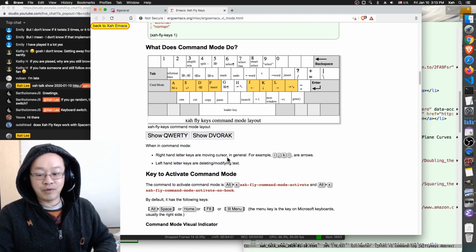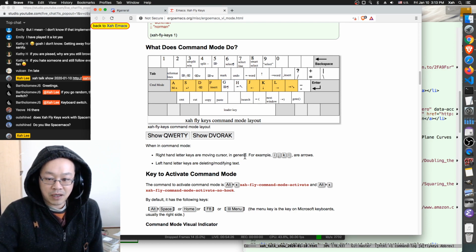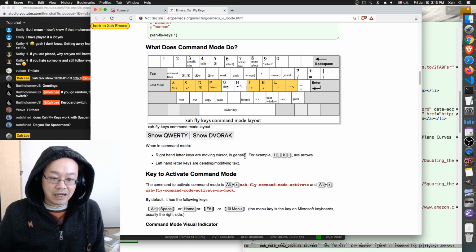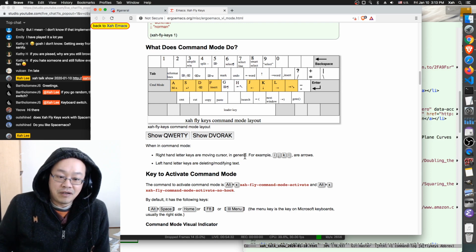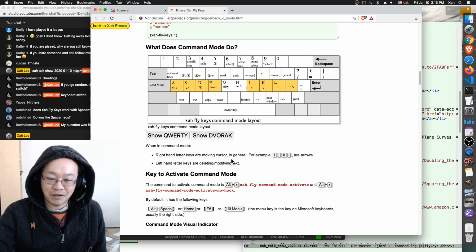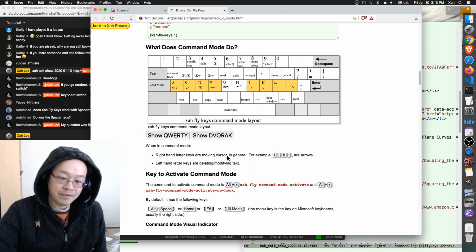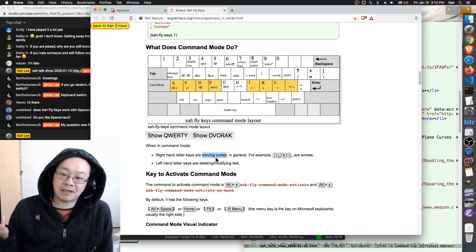I know people who are using Spacemacs with xah-fly-keys, but I've never done it, so I cannot tell you what to do to get them to work. I suppose it's pretty simple. You just install Spacemacs. Let me show you.